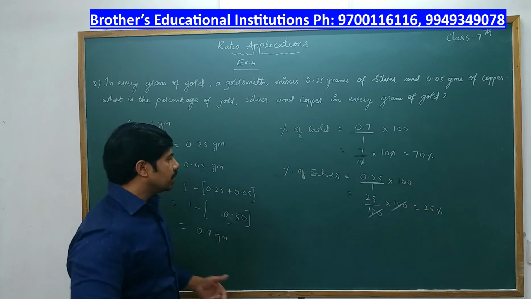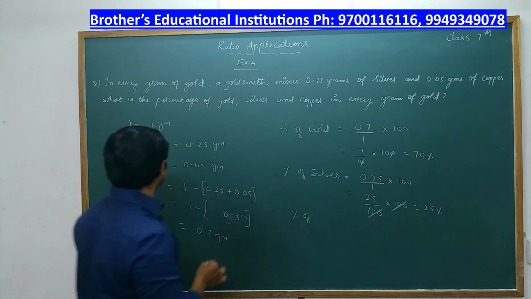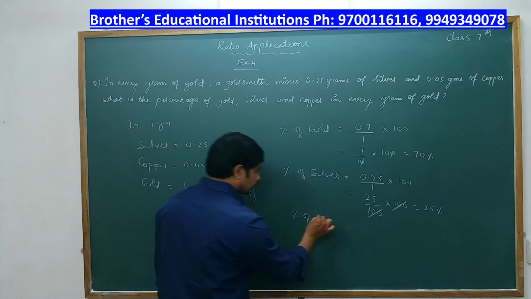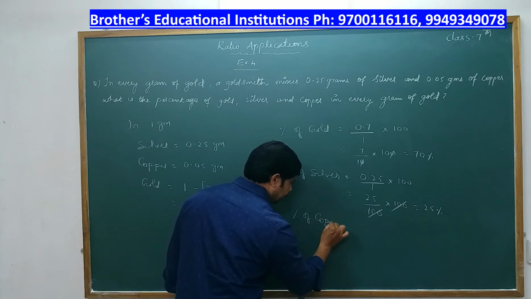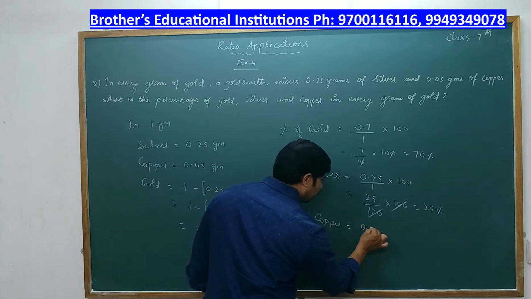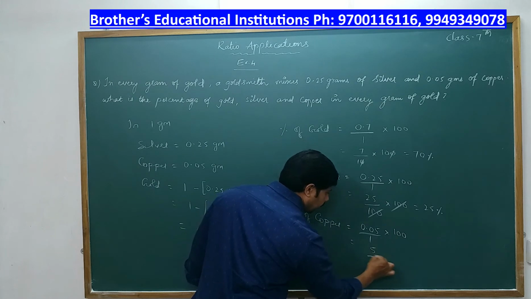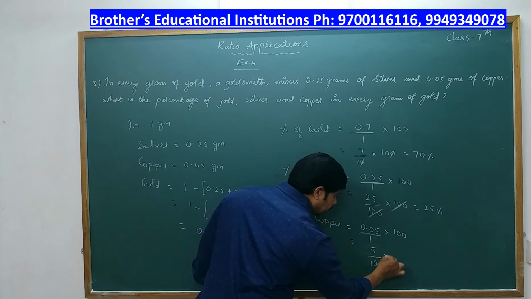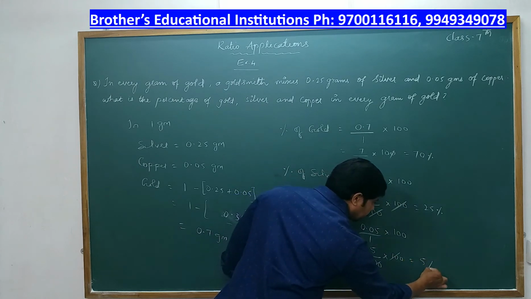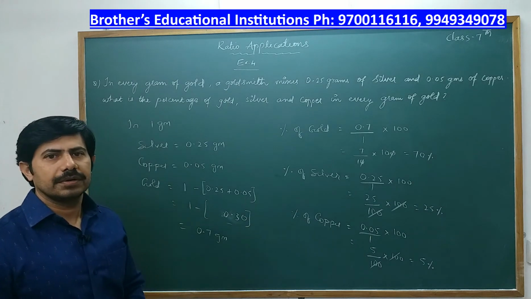After that, the percentage of copper. Copper is 0.05 by 1 into 100. So this is 5 by 100 into 100. 100 cancels. We get 5%. Right? So this is completed.